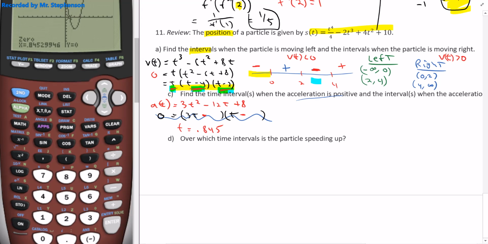That's one value. And then let's do the other one. Again, second trace zero. Go over here, it needs to be left of that zero. And then you need to go right of the zero. And then you need to guess. And that one's going to be t equals 3.154.